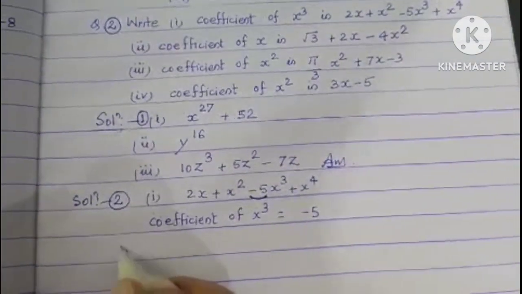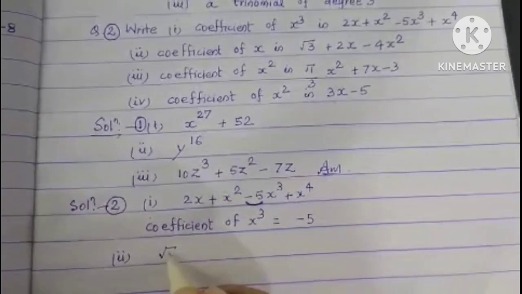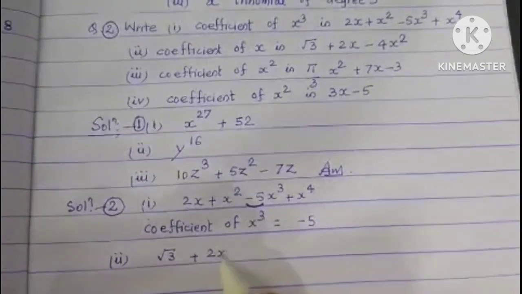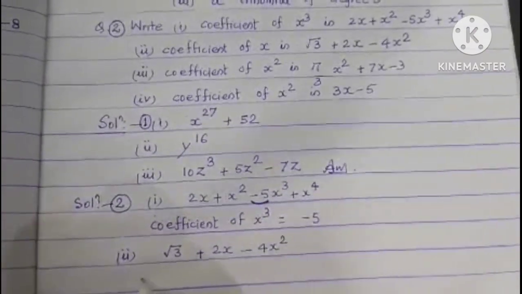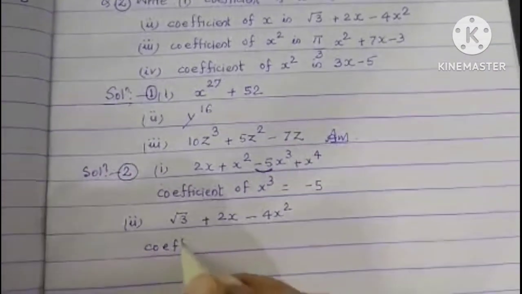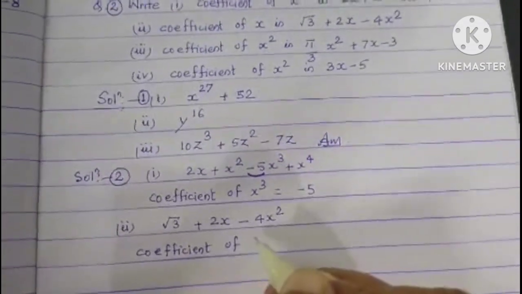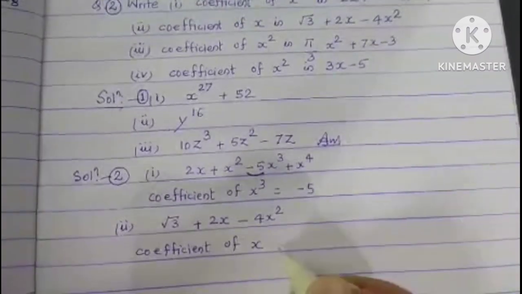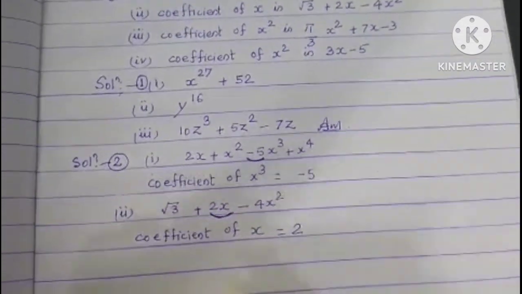Okay. Second one is coefficient of x in root 3 plus 2x minus 4x square. This is the expression, and we have to write the coefficient of x. Coefficient of x is equal to, this one will be the coefficient of x, 2.